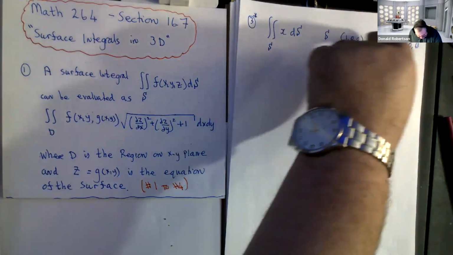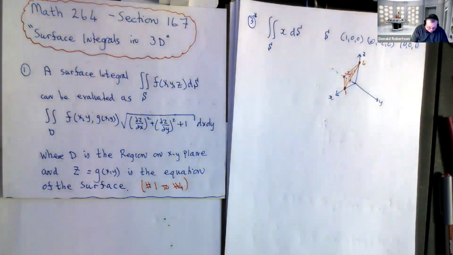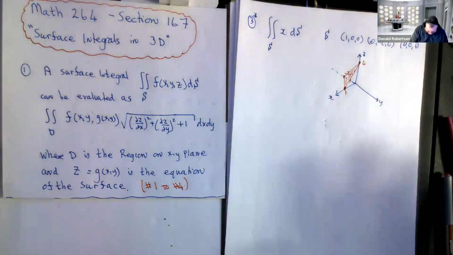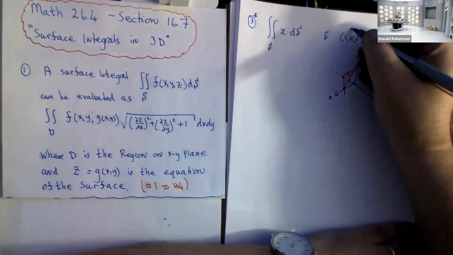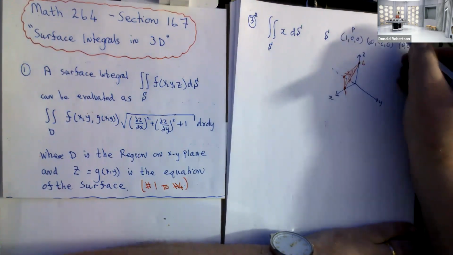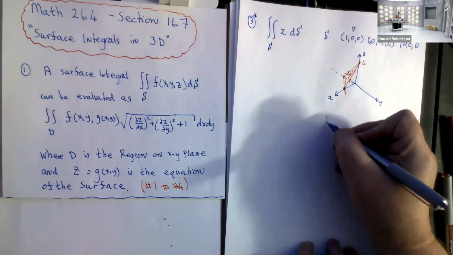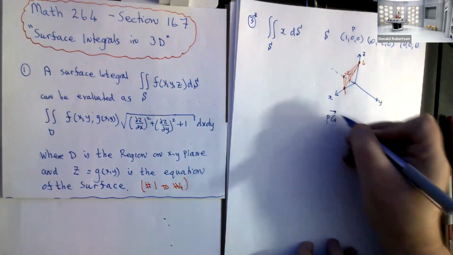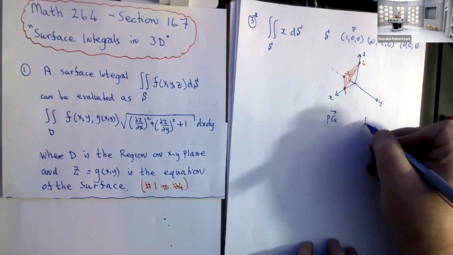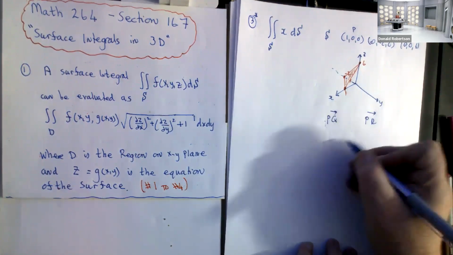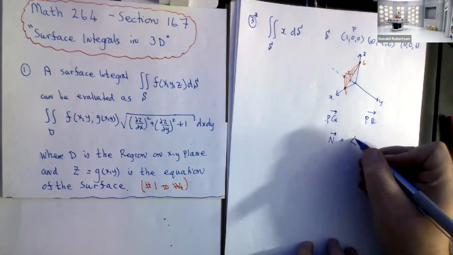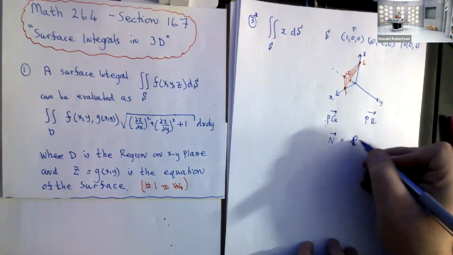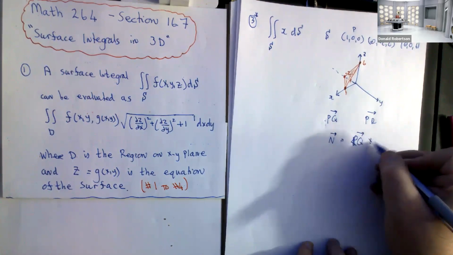So if you give me 3 points and you tell me those 3 points make the surface, you know it's a plane. You can find the equation of that plane by calling this, say, P, this guy Q, and this guy R. And you'll find the vector PQ, and then you'll find the vector PR. And then you'll get the normal vector, which is the cross product of PQ and PR.